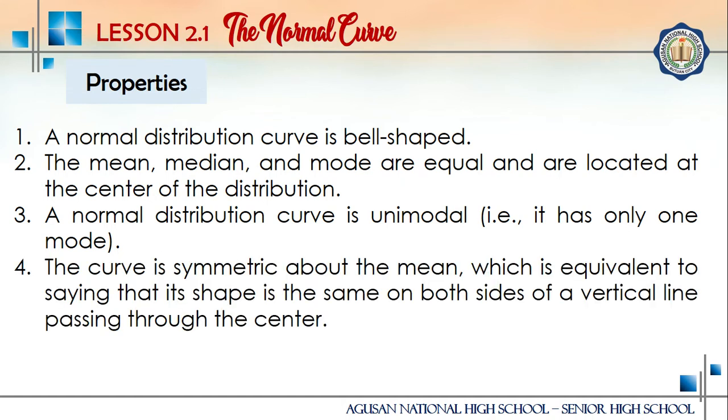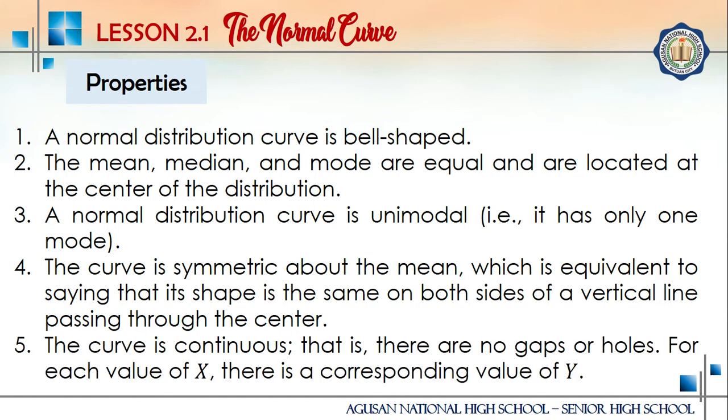Number 4, the curve is symmetric about the mean. Its shape is the same on both sides of a vertical line passing through the center. Number 5, the curve is continuous. There are no gaps or holes. For each value of x, there is a corresponding value of y.